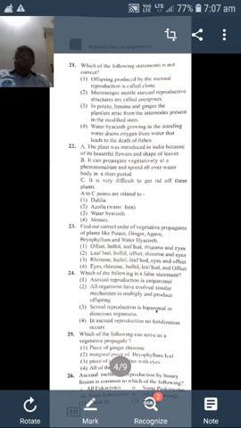Okay. That's correct. In asexual reproduction, no fertilization occurs, of course. No gametes are formed. Then no fertilization. We can't expect fertilization.